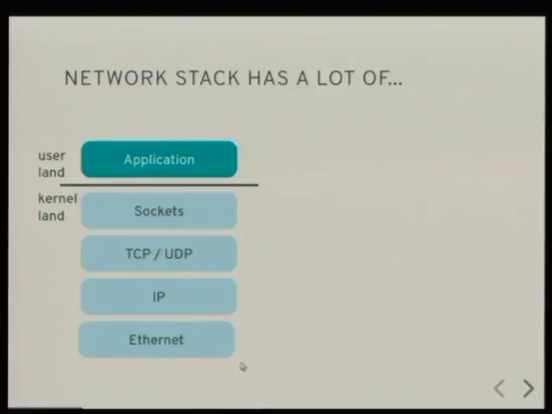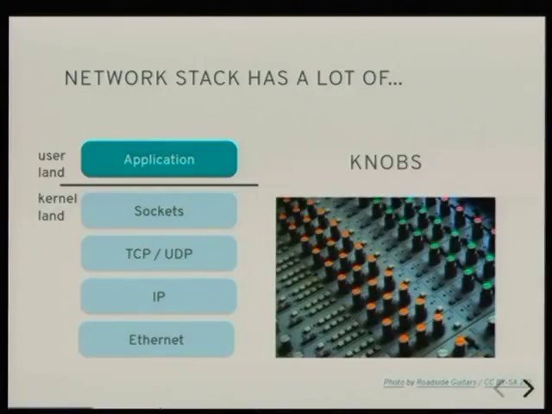Well, all these network benchmarks and network applications in general, they do their work by talking to the network stack through the sockets API, or in general through a subset of syscalls. And if you're familiar with the socket API, you know that it has a lot of knobs and switches.